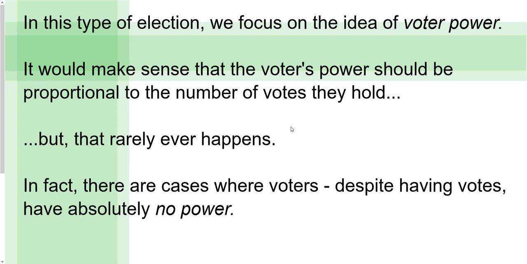It would make sense if the voter's power is proportional to the number of votes they hold, but it turns out that that's not necessarily true. And that's very important because you start to see some patterns in the numbers, like how many votes does a person really need versus how many they have, right? So let's take a look at a couple situations.